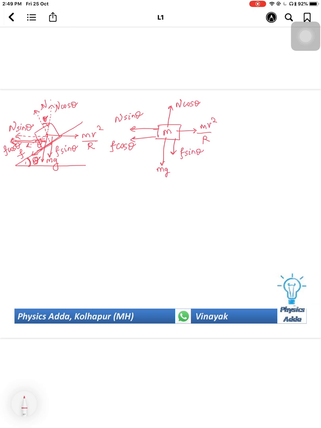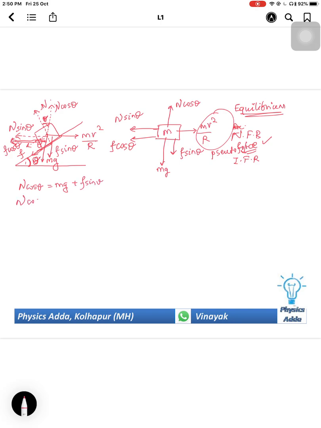Now this is in equilibrium, since we have converted the accelerated or non-inertial frame of reference to an inertial frame of reference. We have considered the centrifugal force, which is a pseudo force, right? So if I take the force balance, it will be N cos theta is equal to mg plus F sin theta.